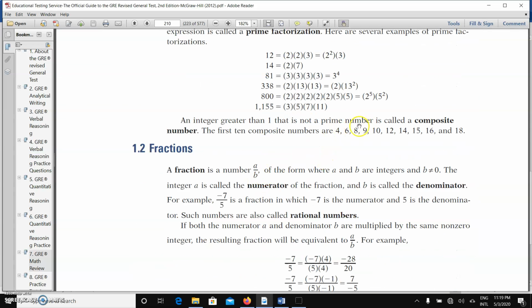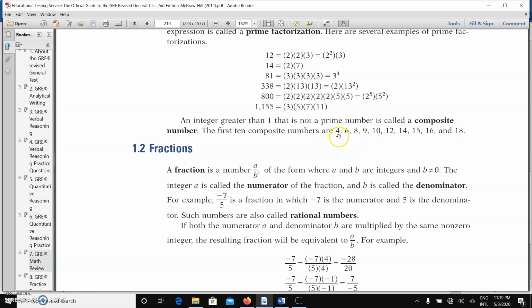Okay, so the other numbers are composite numbers. Those are the numbers that are not prime numbers. They have more than one number that can divide them, and their divisors are not 1 and the number alone.